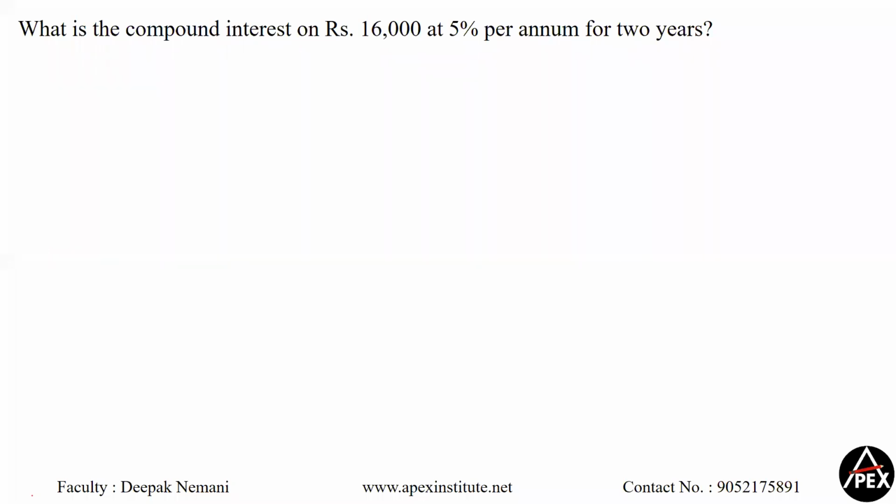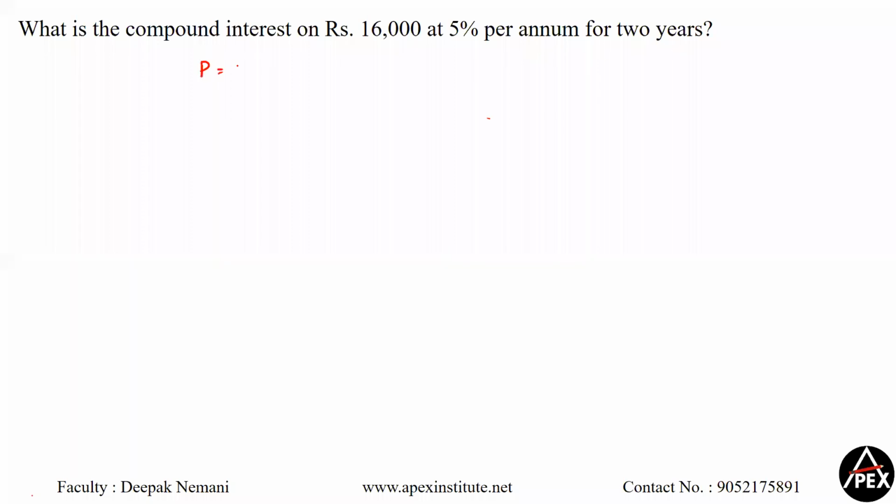What was asked in the question? Are we asked to find the amount at the end of 2 years or compound interest? You're asked to determine the compound interest, isn't it? So what is the compound interest on rupees 16,000 at 5% per annum for 2 years?